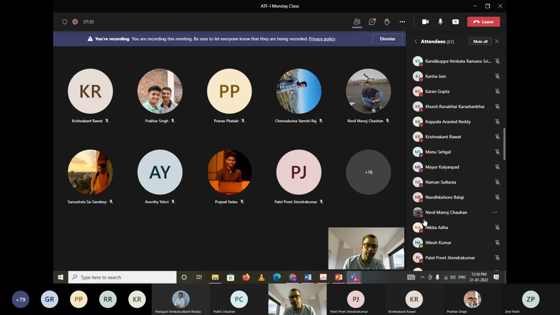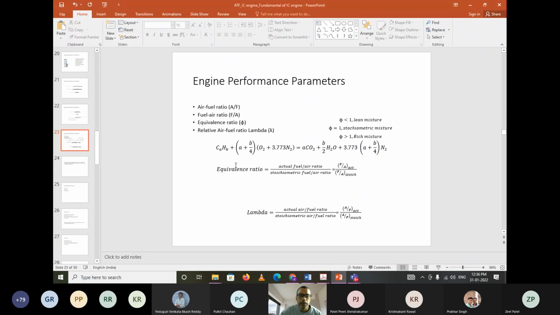If you do the balancing, then what will come? The complete equation will come something like this, or I have already written it here. If it is only carbon and hydrogen, the coefficient is already written here, so you can use the help of this general equation.